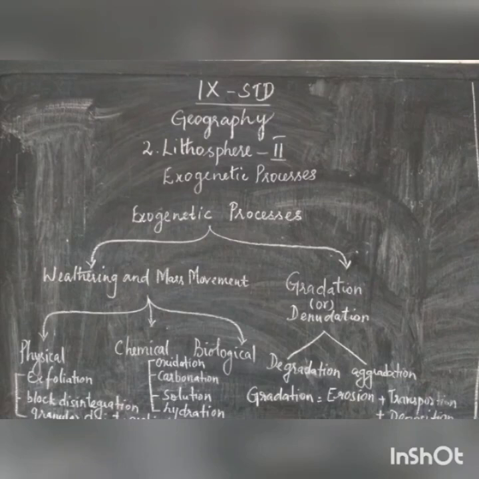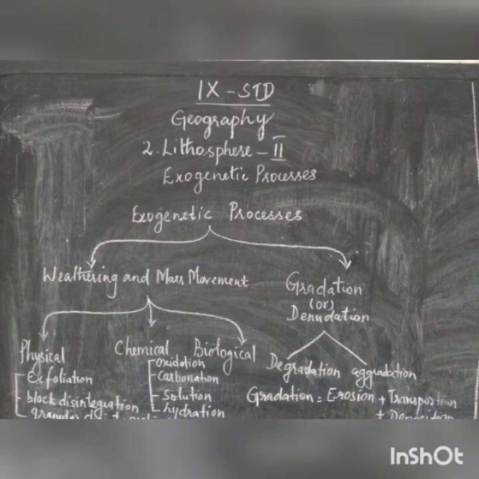Third one, biological weathering. Biological weathering occurs due to the penetration and expansion of plant roots, earthworms, burrowing animals, for example rabbits and rats, and some human activities. Gradation, otherwise called denudation.